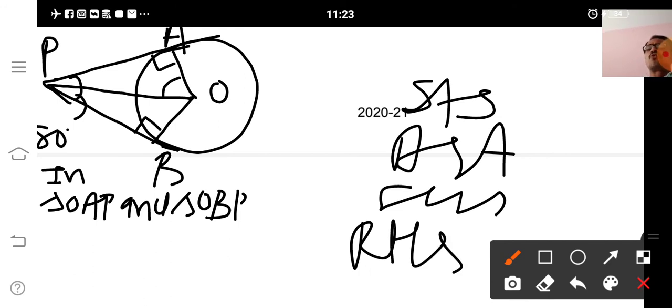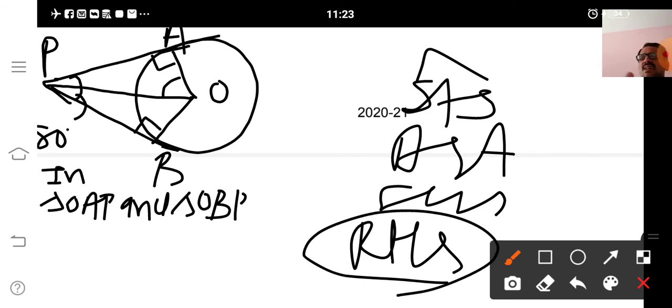Check it out, which rule can be applied over here. Whenever two sides are equal, then we can apply SAS, जैसे PA and PB equal. Let me clear कि RHS is going to be applied. ठीक है? Let us apply RHS.